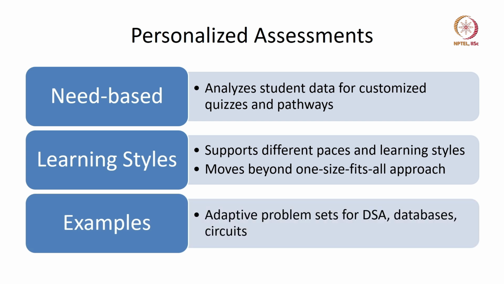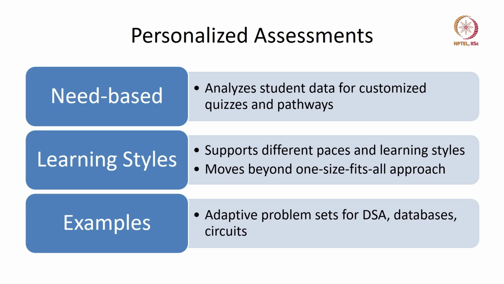Yeah. So basically, you take any topic in computer science, data structures and algorithms, or databases, or circuits. You take anything, right? You create adaptive problem sets. Adaptive problem sets means you conduct one particular assessment, and based on the response given to it, it can give more.